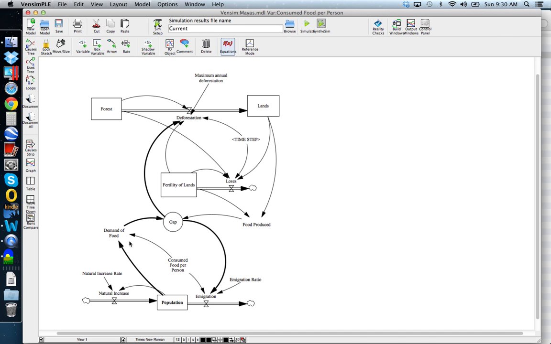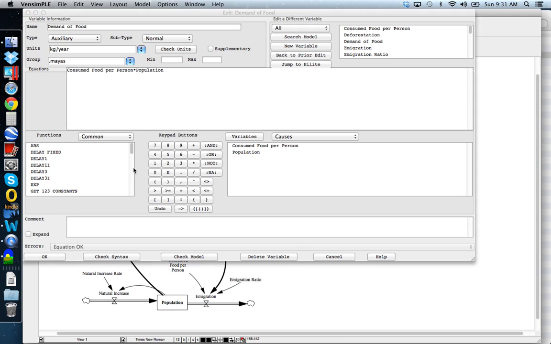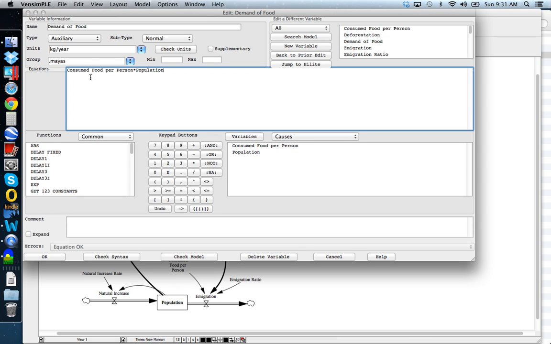So this drives the population, and the consumed food per person will essentially determine the demand for food. It's the product of the population and the consumed food per person that will give you the kilograms per year of food demand overall for that population. Fairly straightforward.